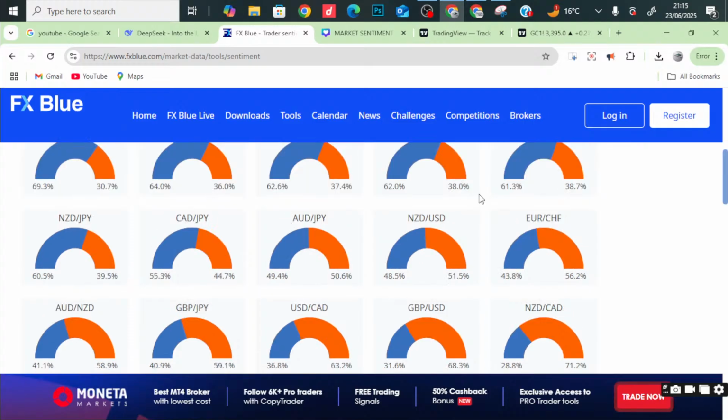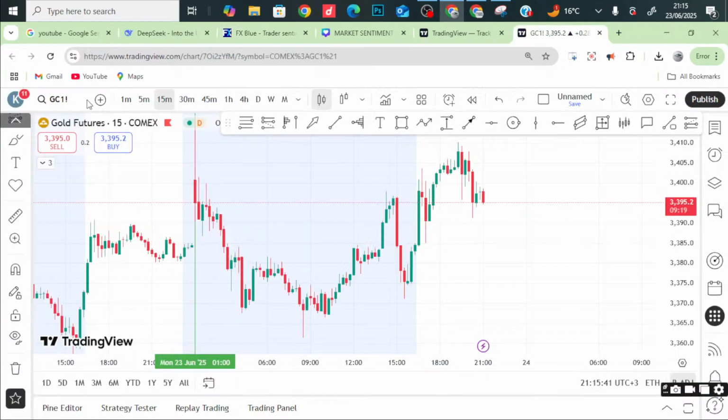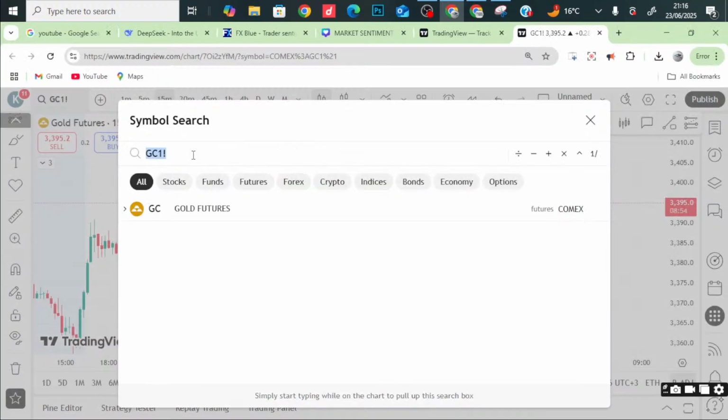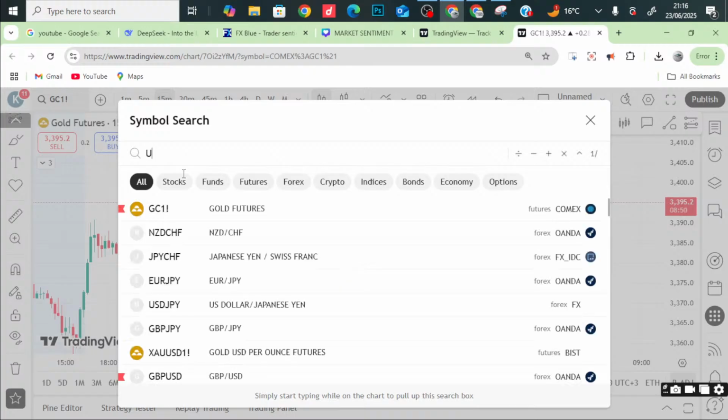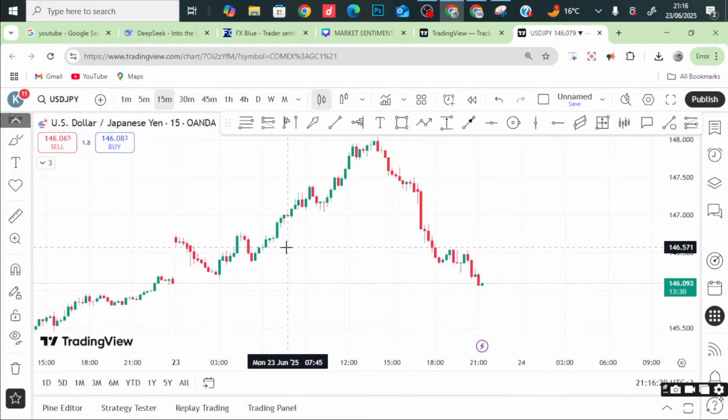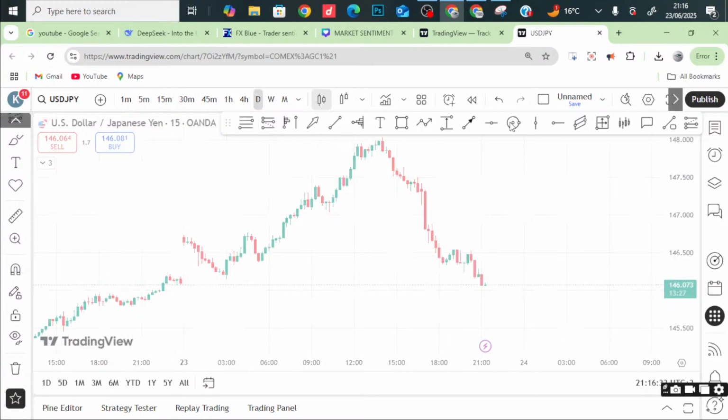So let's look at the JPY. Let's see USD JPY. For USD JPY, this is what happened.